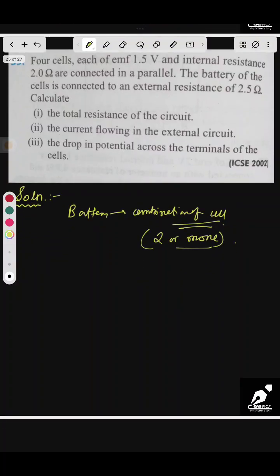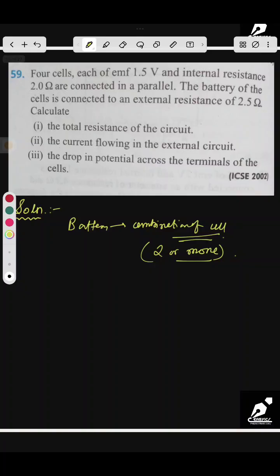So here we have 4 cells, each of EMF 1.5. They have not mentioned anything about the polarity, so we consider all the cells having the same polarity.